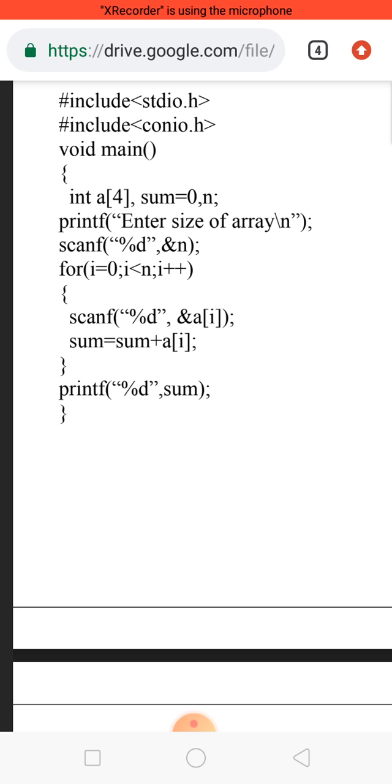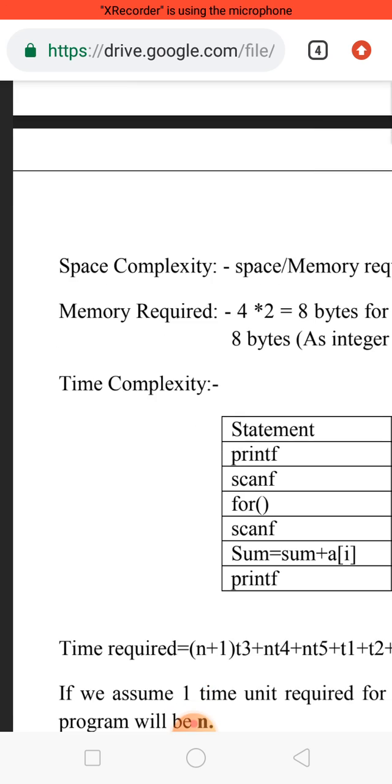Then next is also scanf. All the statements inside the opening and closing brackets of the for loop get performed n number of times, while the loop line itself performs n plus 1 times. So the scanf statement gets executed n times, and sum equal to sum plus a of i also performs n times.